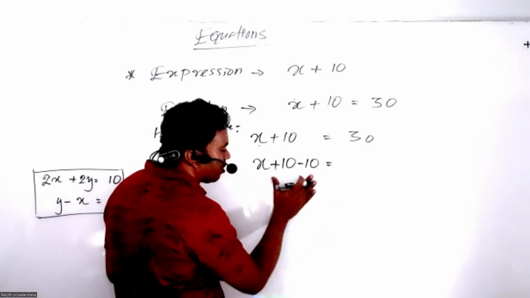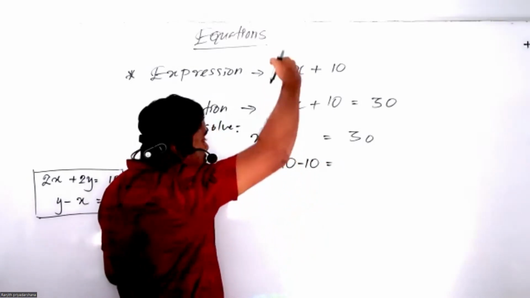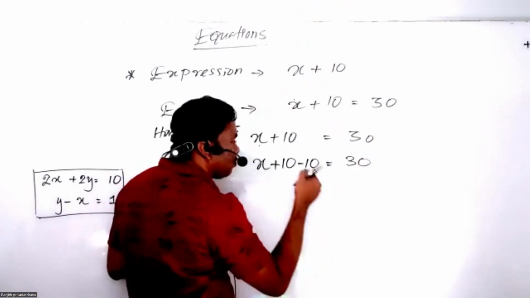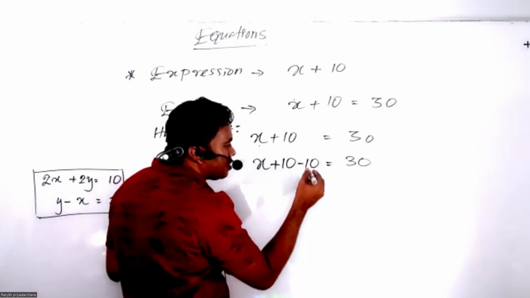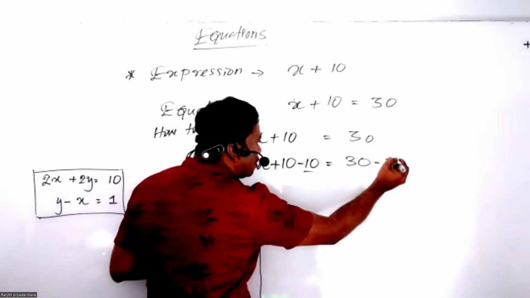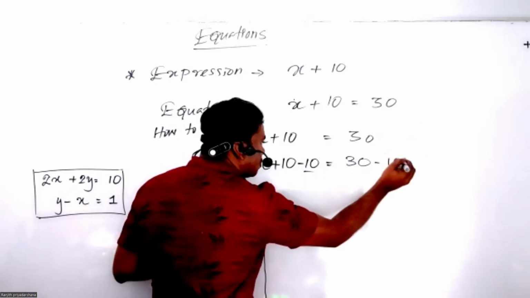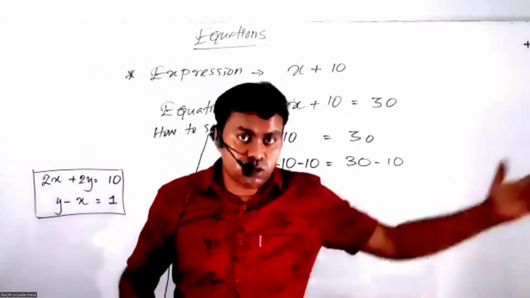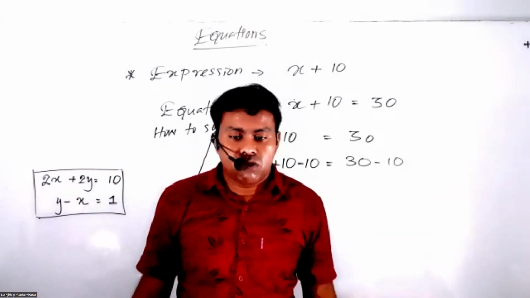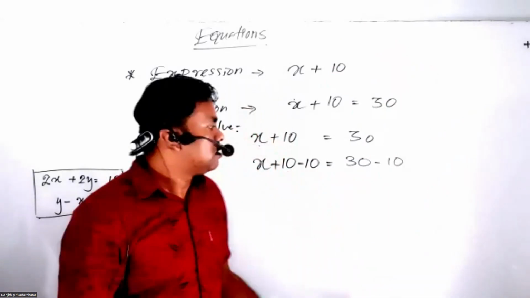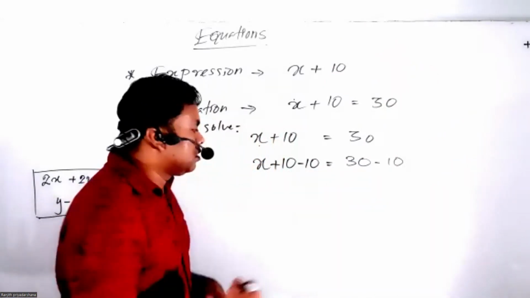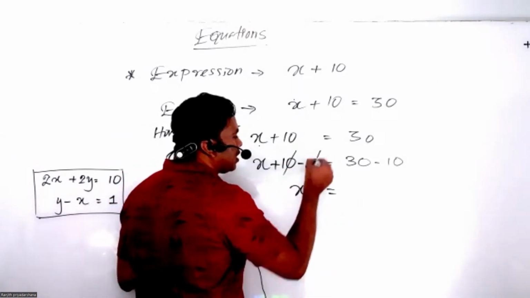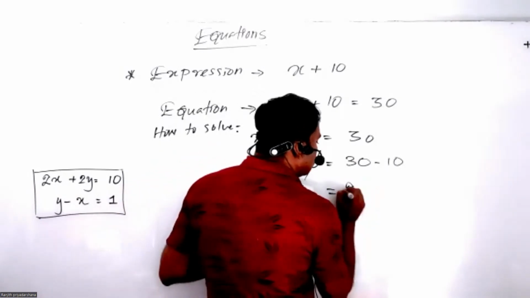But this is like a balance. Now the weight on this side decreases and this side goes up. So what do we do? We subtract from the other side as well. What you have done to the left side, the same thing you have to do to the right side: 30 minus 10. If you hit the left side, you have to hit the right side too, otherwise only this side goes up. Now you can see 10 minus 10 is 0, so x equals 30 minus 10, x equals 20.